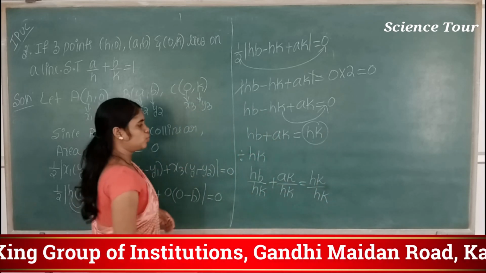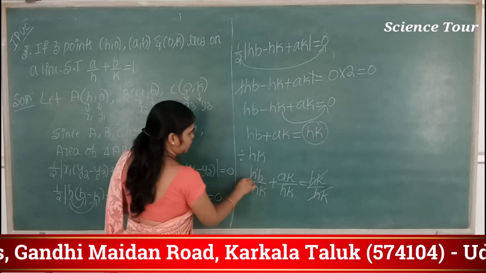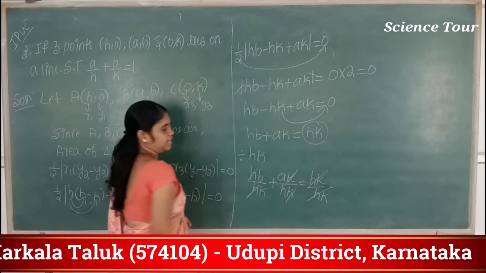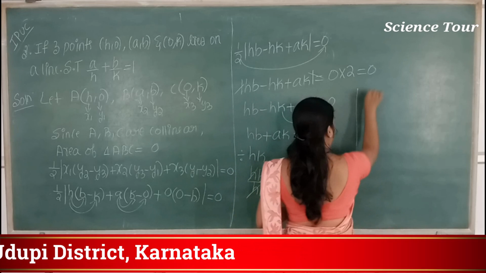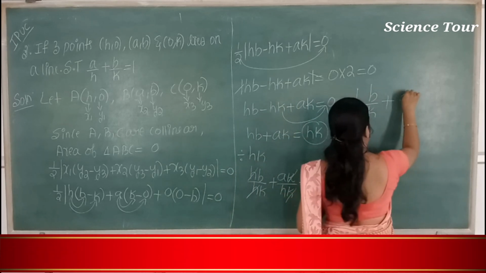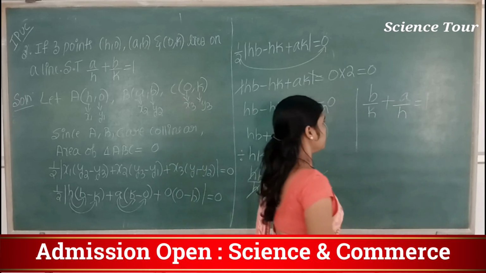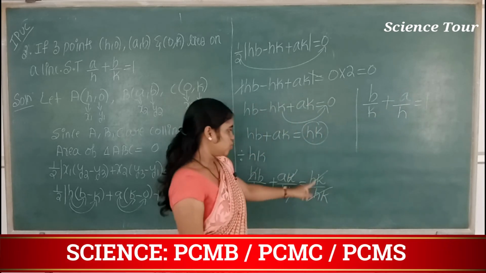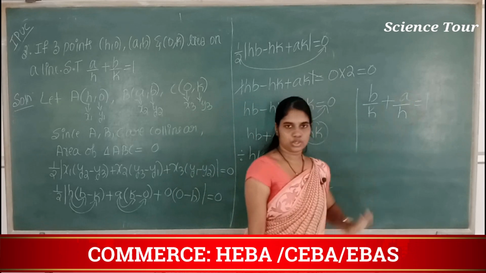See students, h and h will get cancelled, k and k will get cancelled. Now write the remaining terms. What are the remaining terms? b by k plus a by h equal to 1, isn't it? b by k plus a by h is equal to 1. hk by hk is 1 by 1, which is equal to 1 itself.